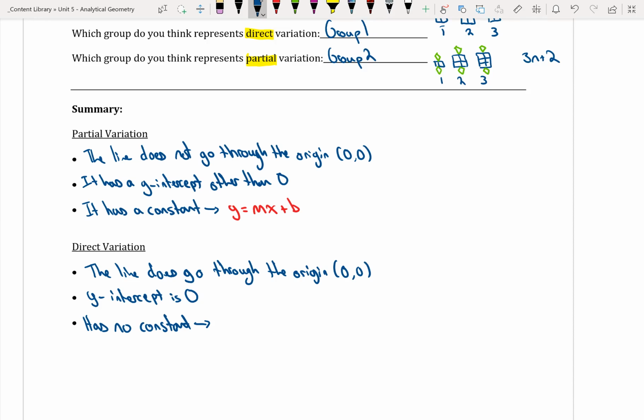Or in other words, if you look at the equation, all you see is y = mx. The reason that we don't see the + b is because you'd be adding 0, or the y-intercept of + 0, which we don't show anyway. So what you should get from this note is understanding what the two terms, partial variation and direct variation, mean, and being able to apply that to a linear relationship, whether you're given it by an equation or by a graph.